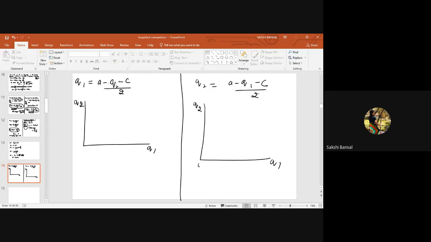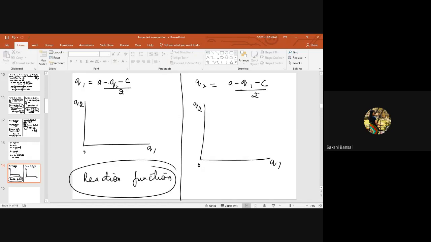Quickly respond. Tell me. Can I draw this equation? On the horizontal axis, Q2 is 0.